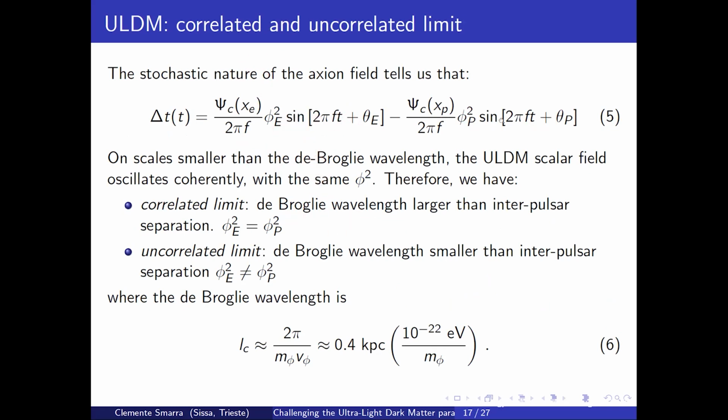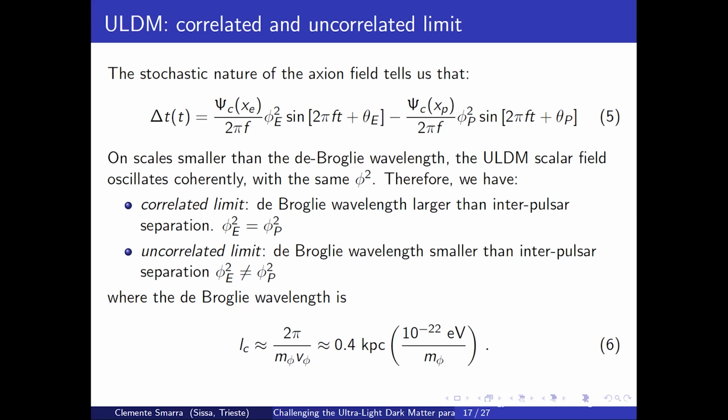Okay, so on scales smaller than the de Broglie wavelength, the ultralight dark matter scalar field will oscillate coherently with the same phi square. So you have two cases here. You have the correlated limit, in which your de Broglie wavelength is larger than the interpulsar separation, and also than the average pulsar-Earth separation.